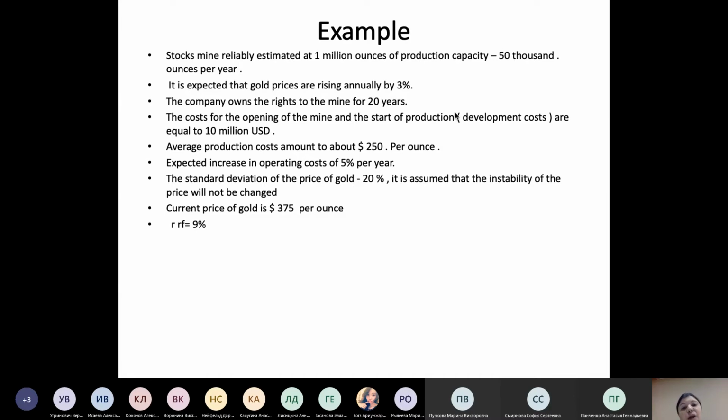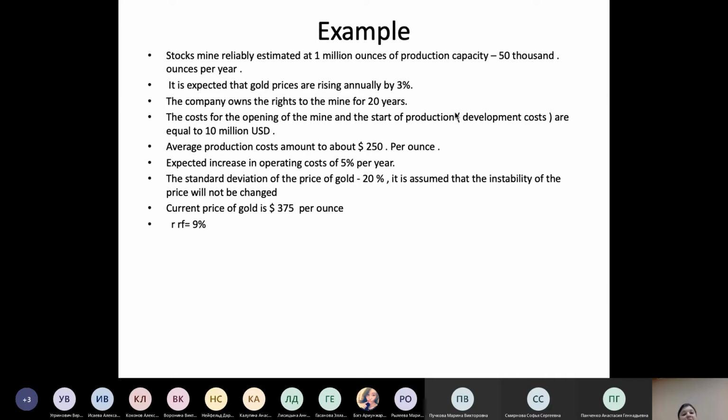The cost for the opening of the mine and the start of production, the development cost, is equal to $10 million. Average production costs amount to about $250 per ounce. Expected increase in operating cost is 5% a year.